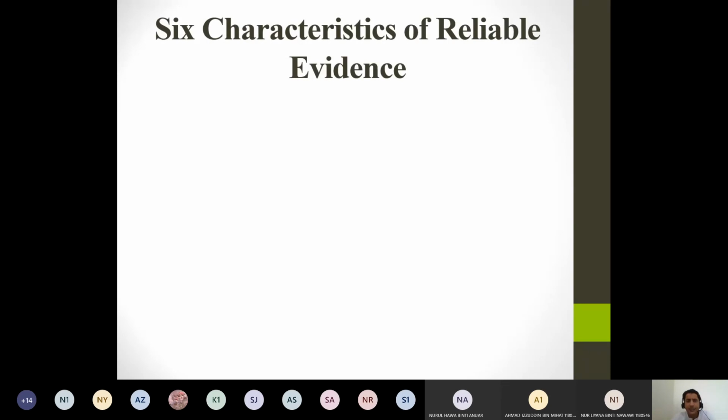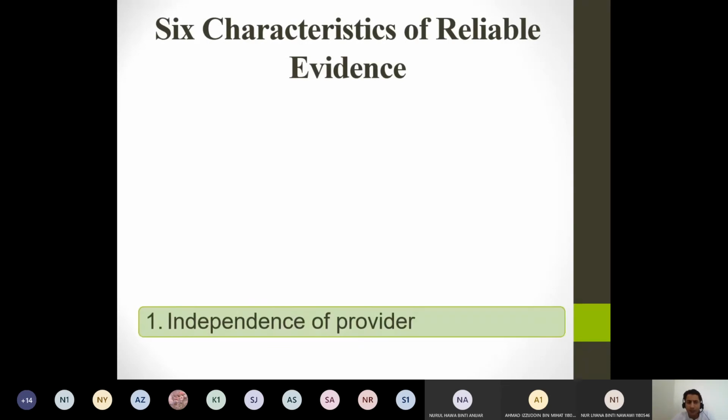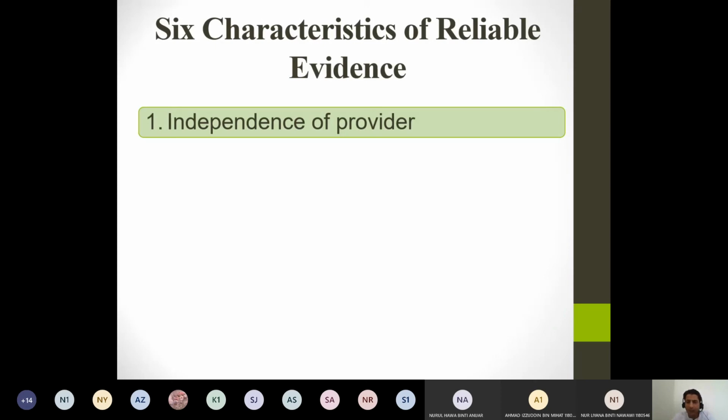There are six characteristics of reliable evidence. One is the independence of the provider. We have either evidence provided by the client company that we are auditing, or by the customers or suppliers, or what we can call business related parties dealing with the client.